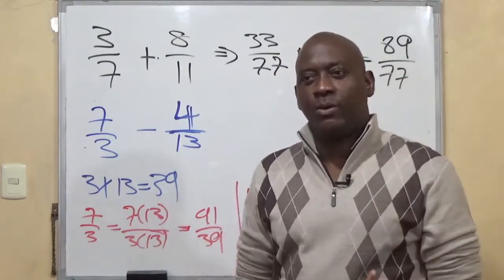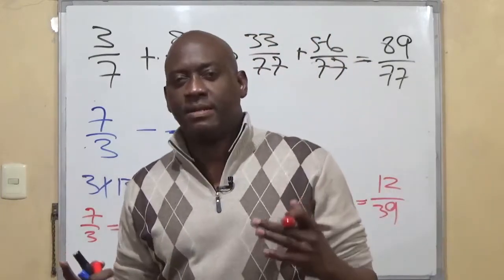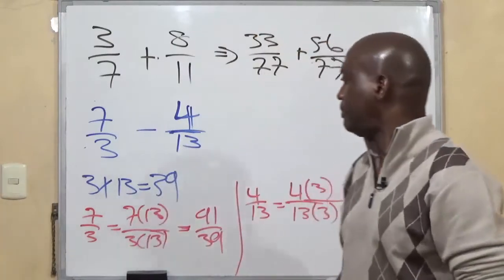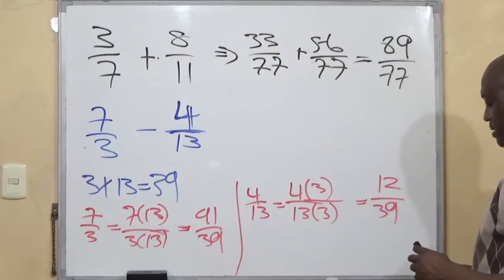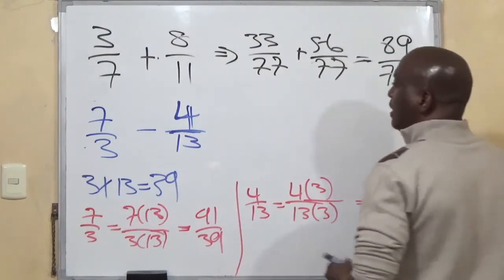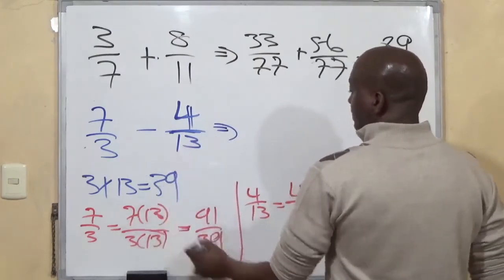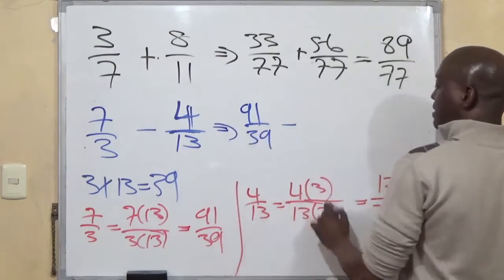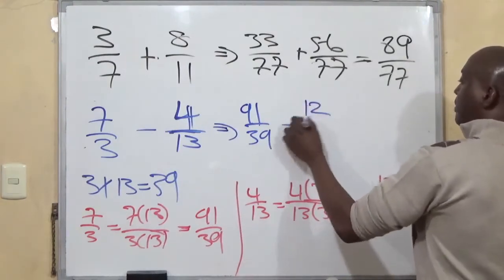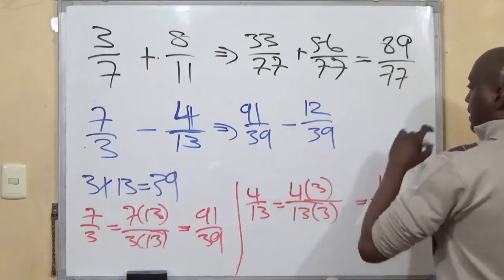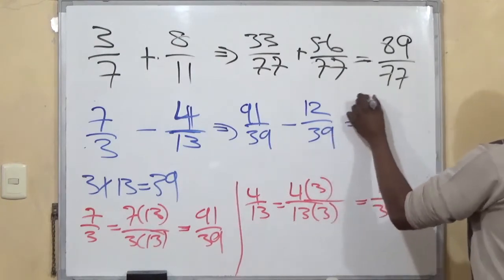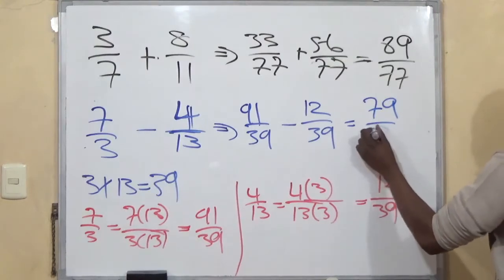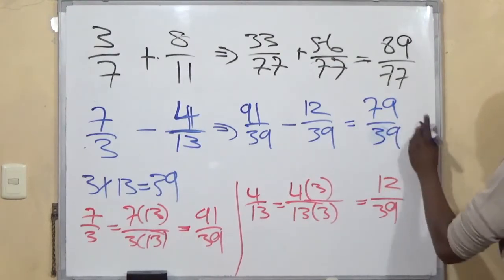The form has been altered, but the substance remains as is. Which now allows us to write this as 91 over 39 minus 12 over 39. 91 minus 12 is 79. 79 over 39. End of conversation.